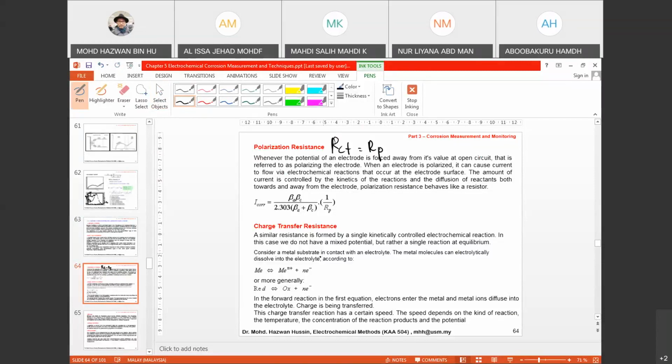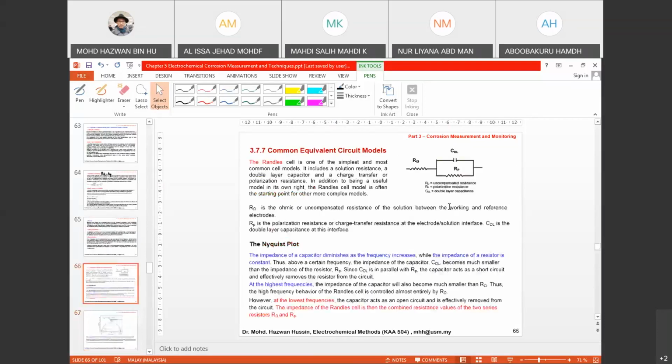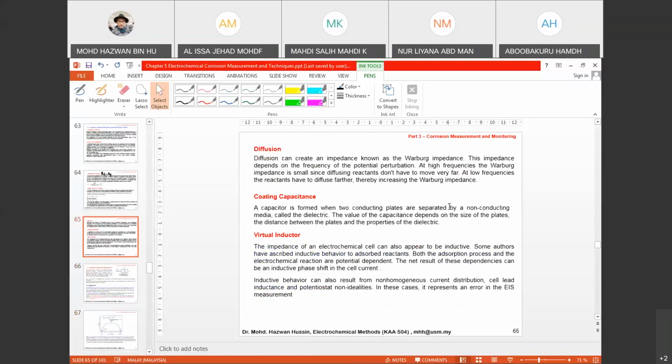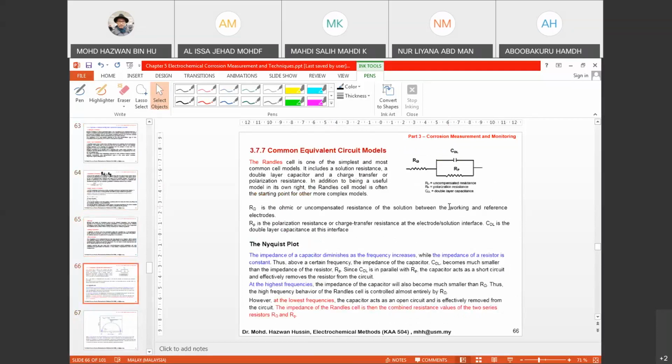Then diffusion, maybe Warburg, and coating capacitance if you have coatings. We are going to see examples later on regarding coating, inductors and so on. The other explanation you can read, but this is just to explain that when you do EIS, you will have different electrical components or circuit elements.